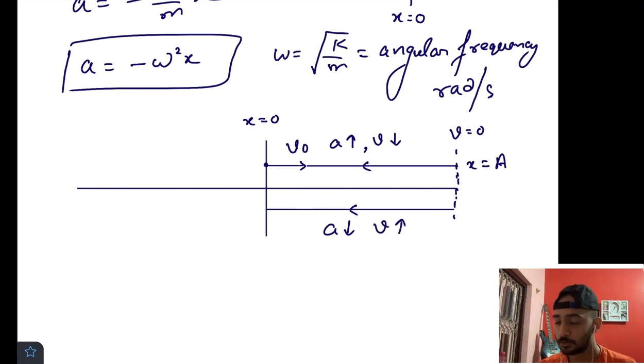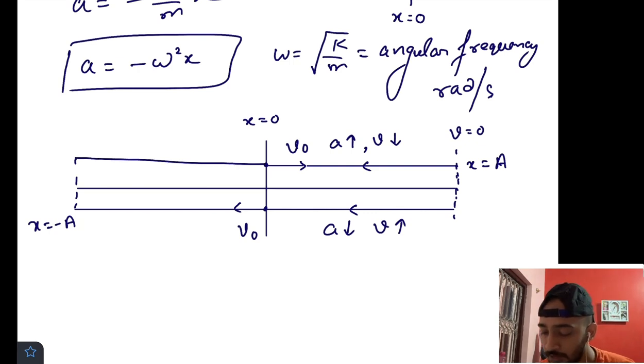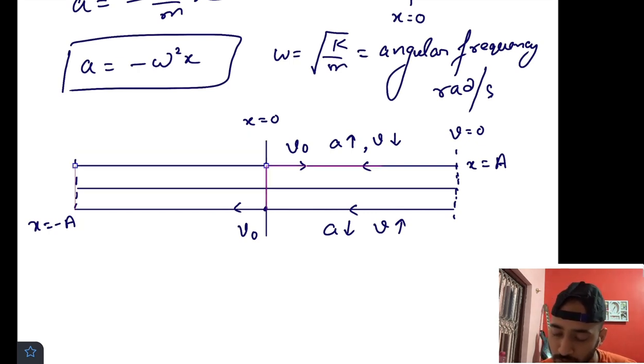With time the acceleration keeps decreasing, and the particle comes to the mean position. The speed of the particle is the same as initially, but in the opposite direction. The particle moves further till the location x equals minus a, and again it goes back towards the right.